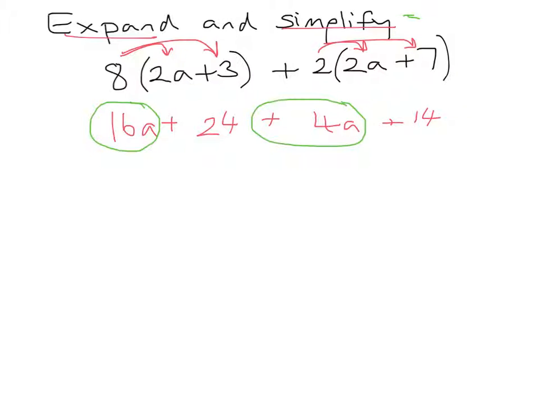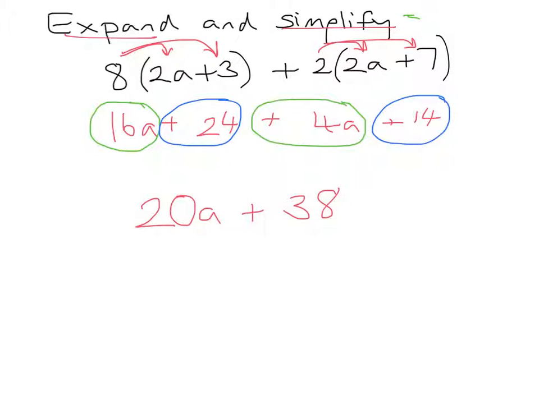So I've got a plus 24 and a plus 14. Right, now I'll do my simplifying. 16a and 4a, well, that is 20a. And plus 24 plus 14, that's 34 and 4, 38. There we go. Expanded and simplified.